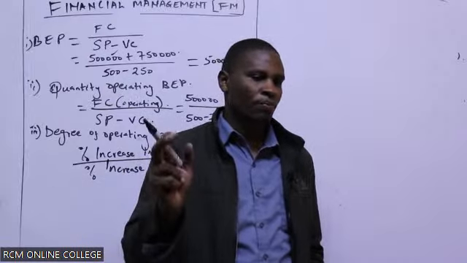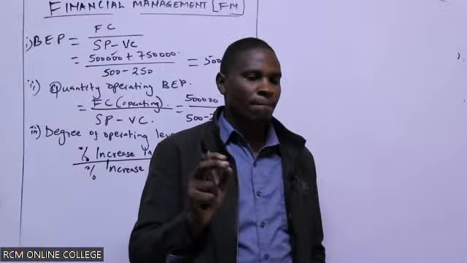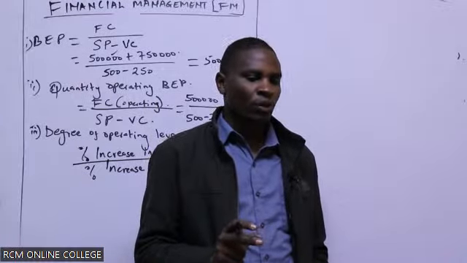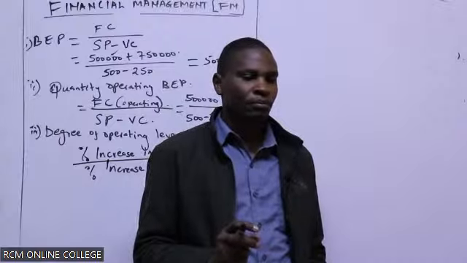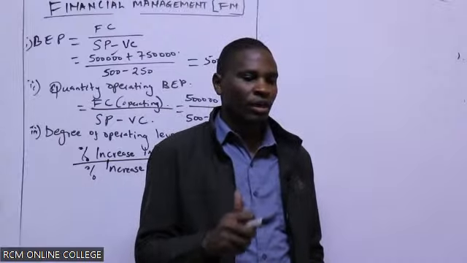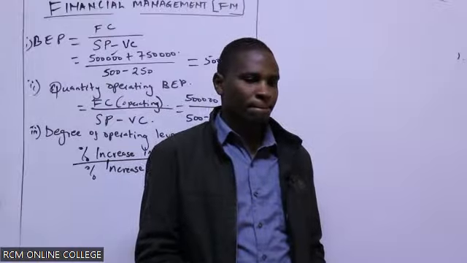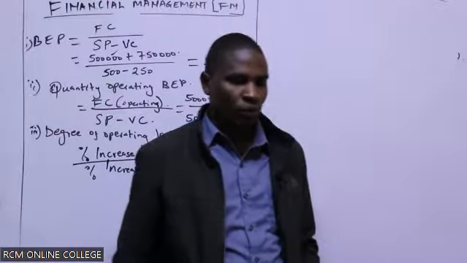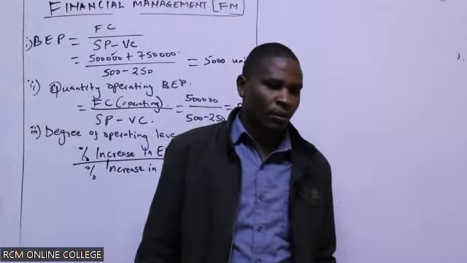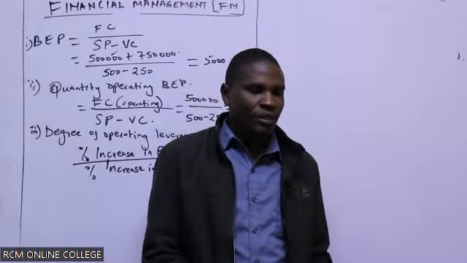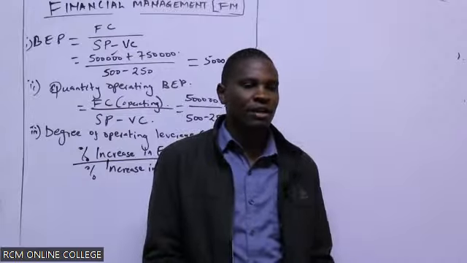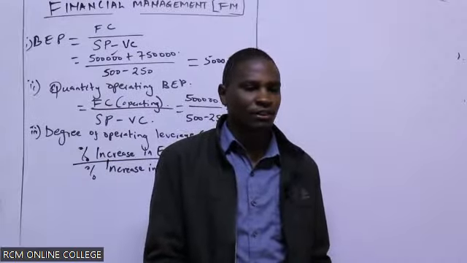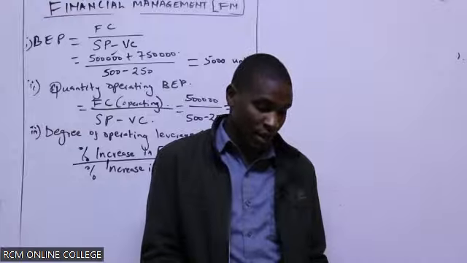Are we together? Now, with that, we just check what the examiner is giving us. In fact, the examiner just gave us some percentages, so we shall just be working with the percentages.